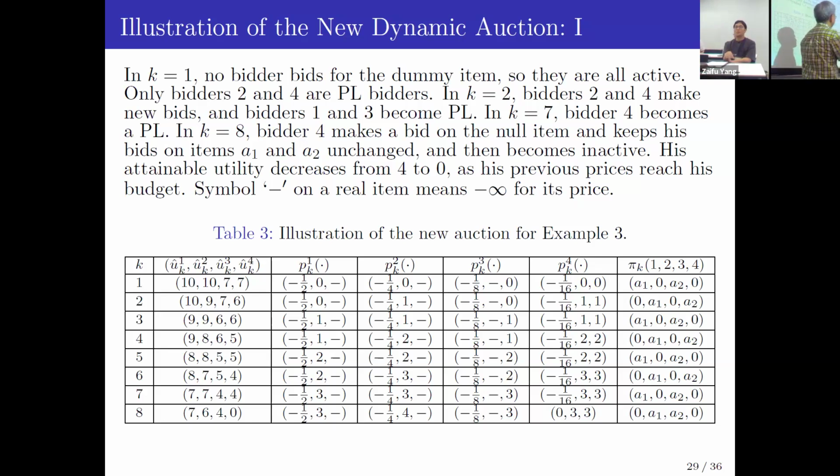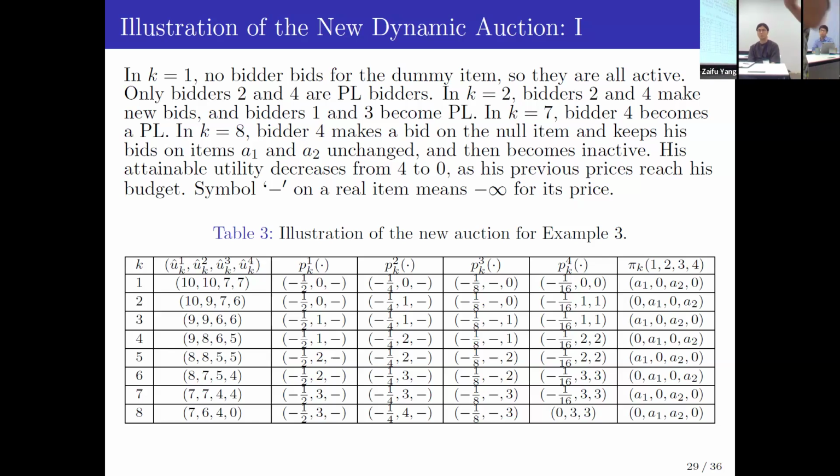Okay, etc. Now here, for bidder 4, sorry, bidder 4 is different. Bidder 4 actually offers prices for atom 1 and atom 2, both at 0.